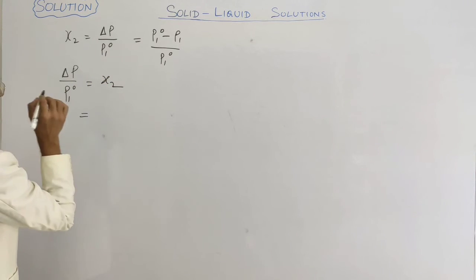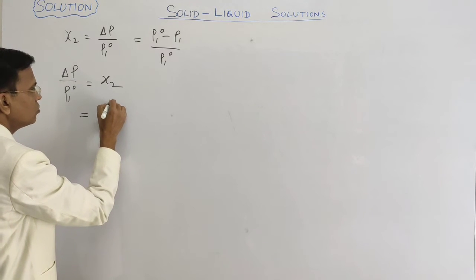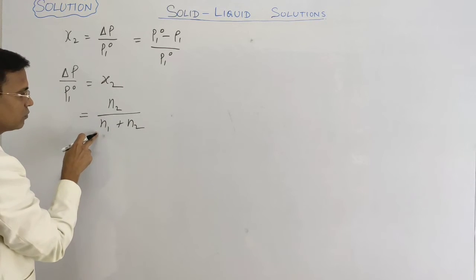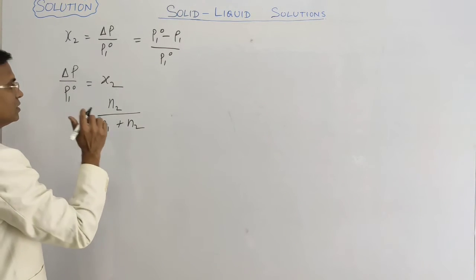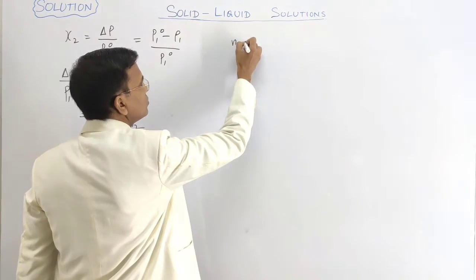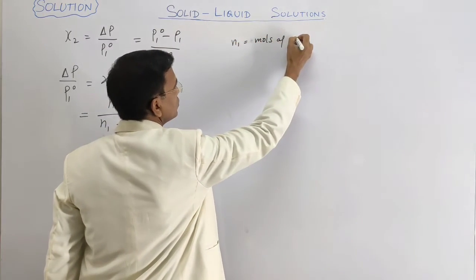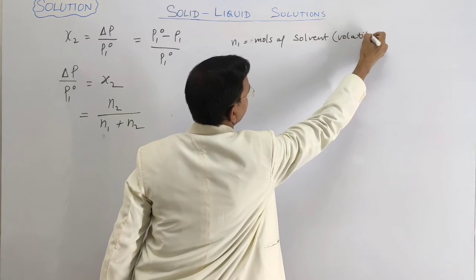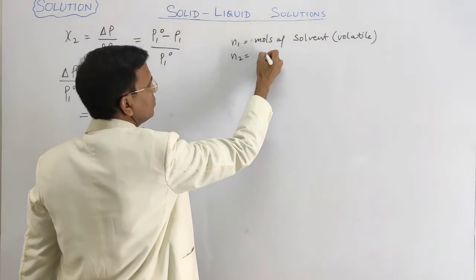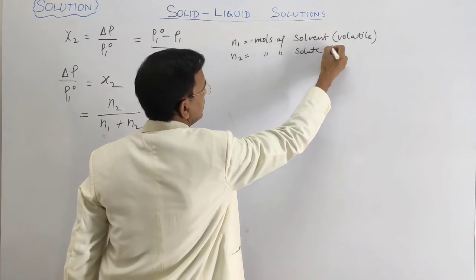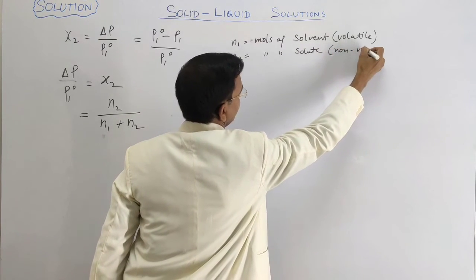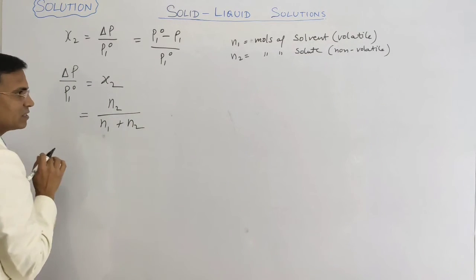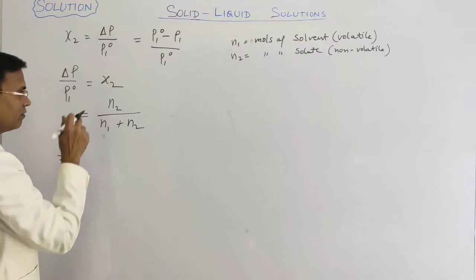Here x2 may be replaced with n2/(n1 + n2), moles of solute upon moles of solute plus moles of solvent, where n1 is the moles of solvent, which is volatile, and n2 is the moles of solute, which is non-volatile. Now moles may be replaced by weight upon molecular weight.